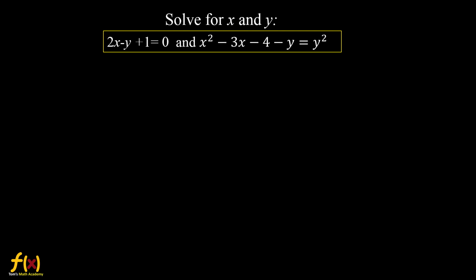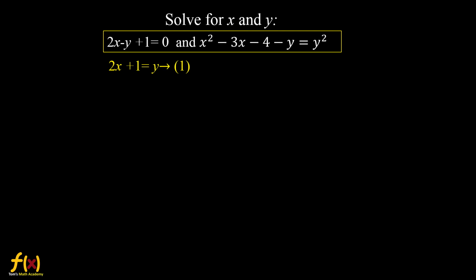We have two unknowns, two variables x and y. Solve for x and y. What is the method? From any of the equations, we make either x or y as the subject. So from the equations we can write 2x plus 1 equal to y.